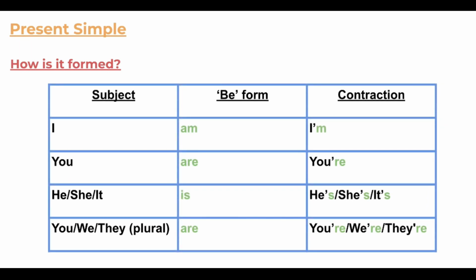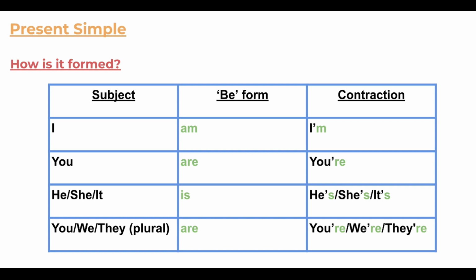So we've got the verb to be here in a nice chart, so you can see how we use this. So the verb to be in the present simple, if the subject is I, you can say I am, and the contracted form, which is very common in speech and writing, I'm, with that apostrophe there. And that's I and am meshed together, if you like. You, and then be becomes are. You are, you're, with that R-E at the end of you, the apostrophe.